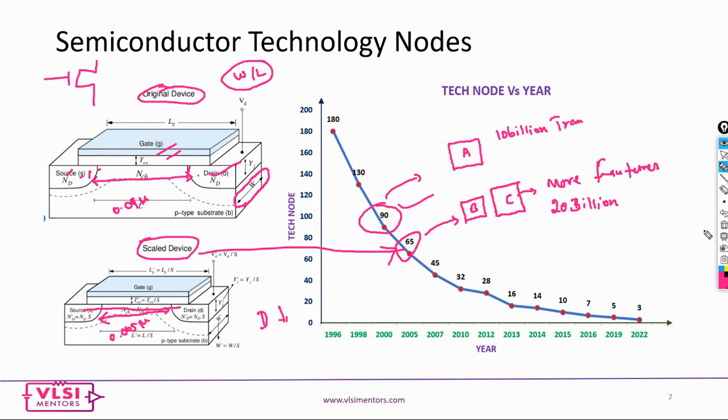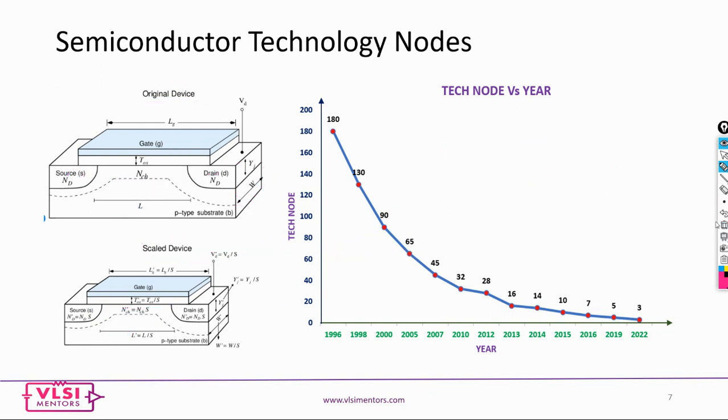Now if you really want to learn more on this, let me give you some points you can take a note of and research about. One is structural scaling, and second is voltage scaling.